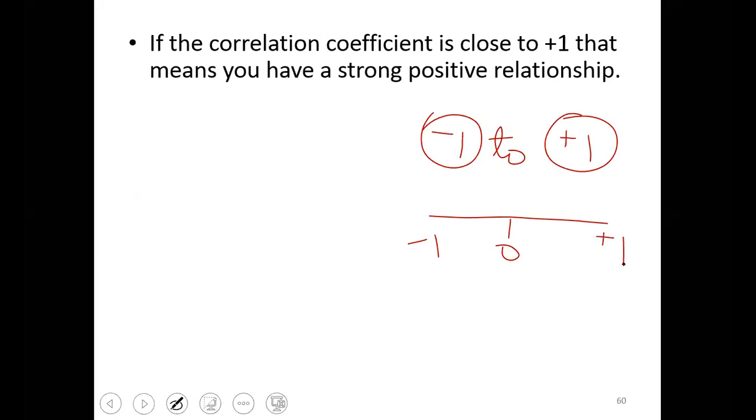If the value goes away from 0, that means the strength is always better. The sign does not mean anything other than whether it is a positive relationship or negative relationship. Look at this.